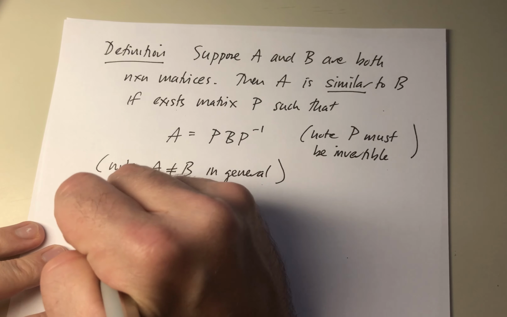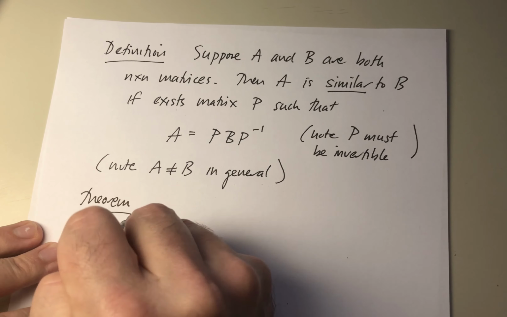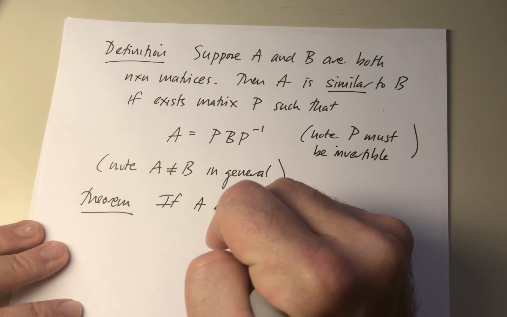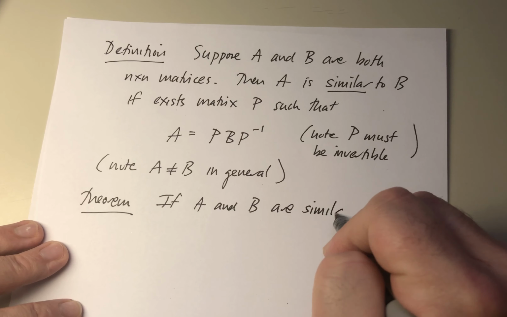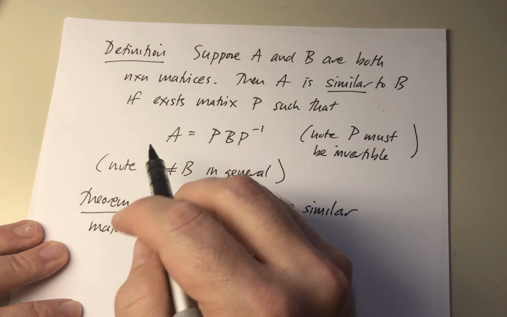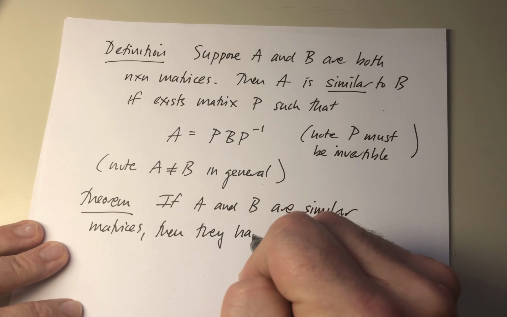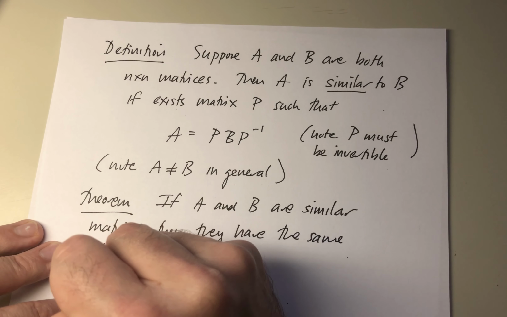The main result here, which we'll hopefully prove next time, is that if A and B are similar matrices, then they have the same characteristic equation.